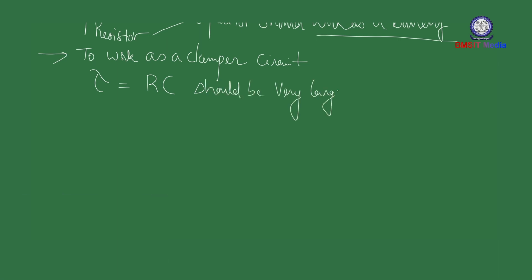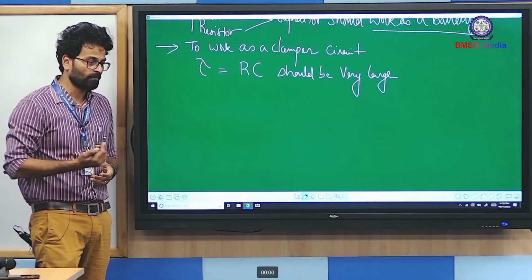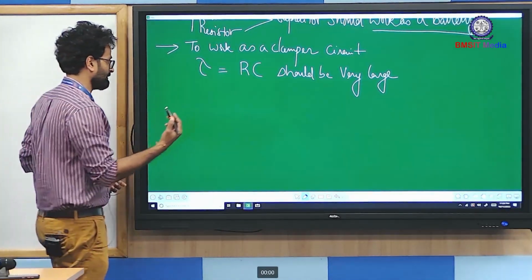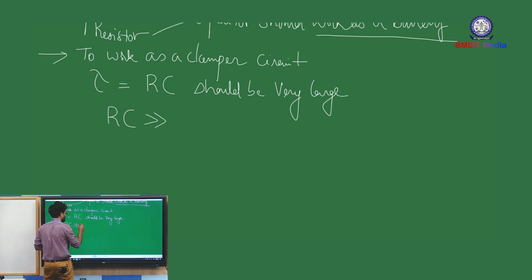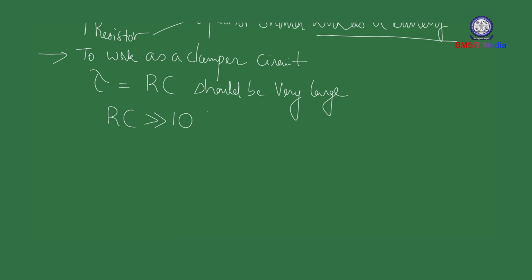As a rule of thumb in design, the product RC should be very much greater than, it could be as high as, 10 times the time period.